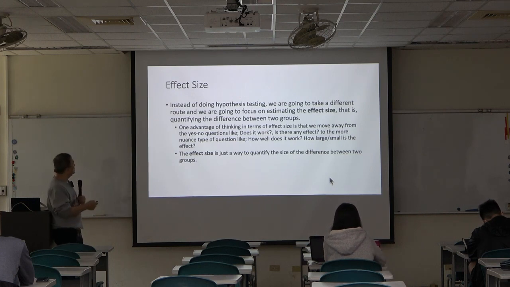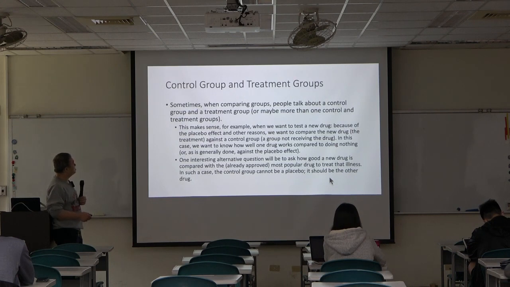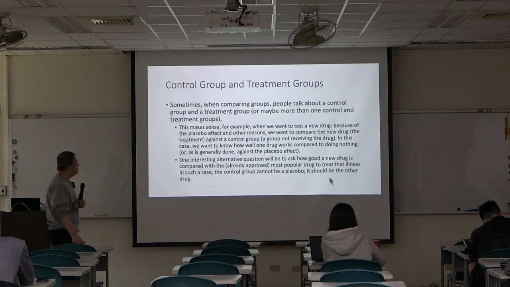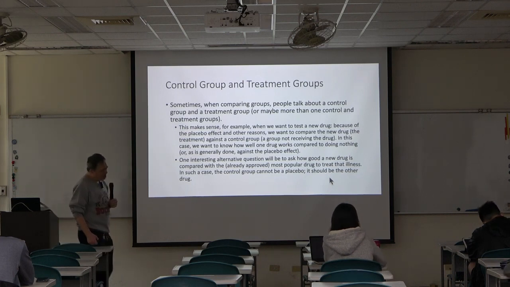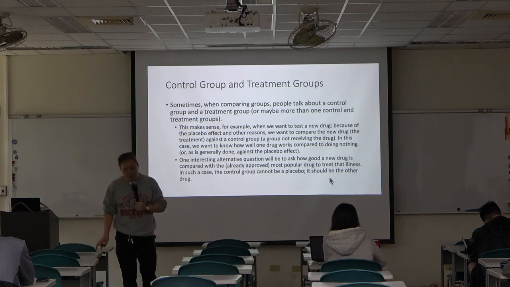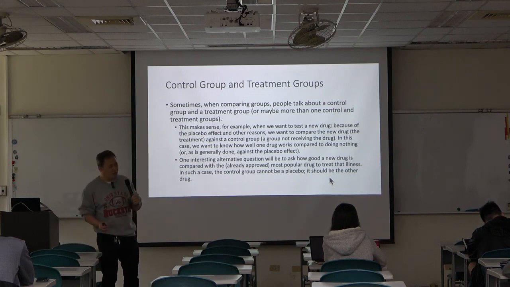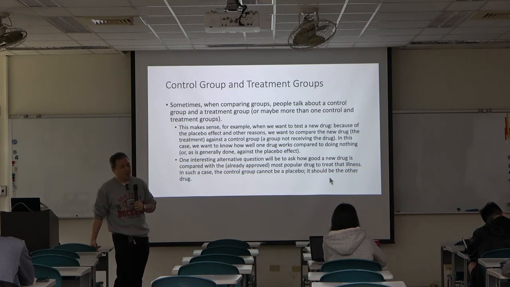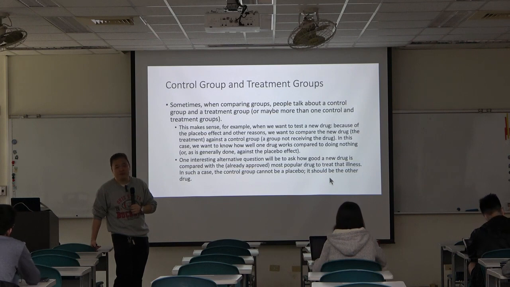When comparing groups, people talk about a control group and a treatment group. For example, remember the drug testing example I just mentioned. Normally we have a control group and a treatment group. The control group contains patients who take a placebo.